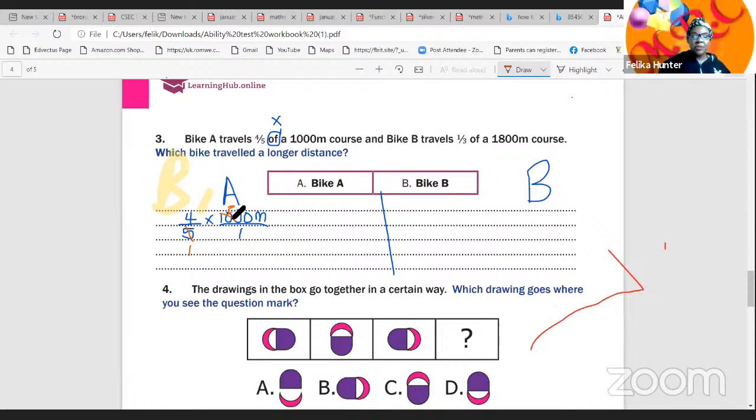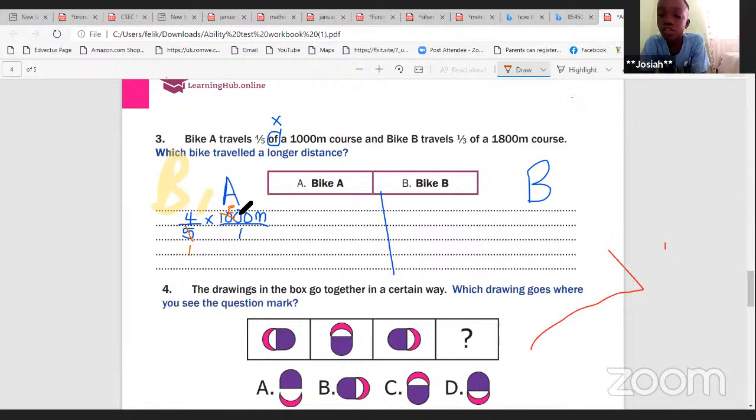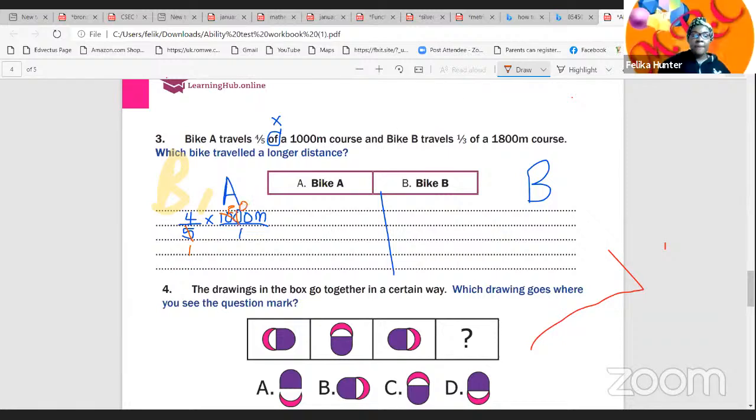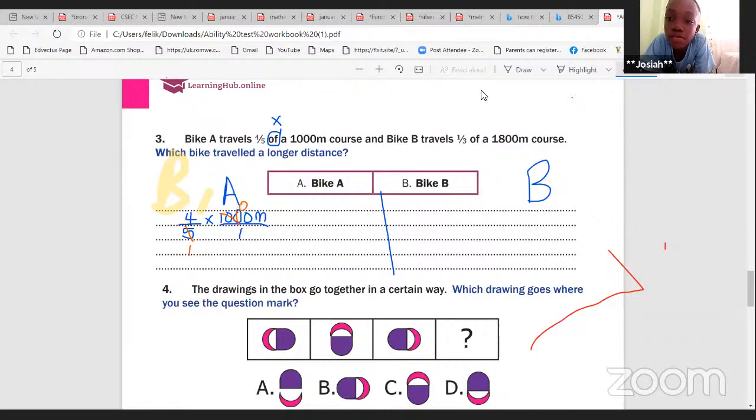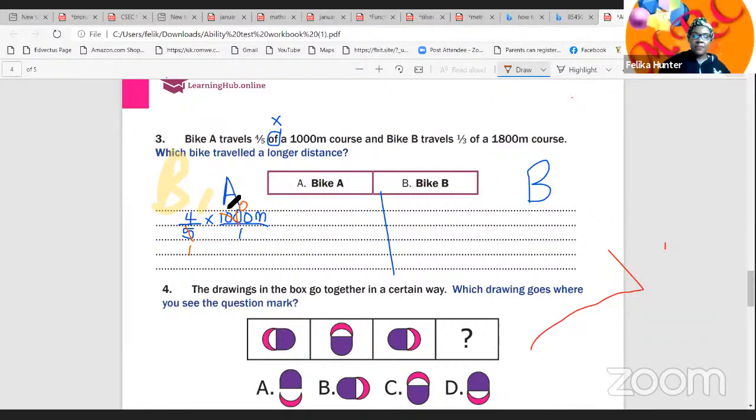So I don't want to hear cross out. I want you to be saying 5 into 10, 2. Then 5 into which digit comes next? 0. 5 into 0, 0. Good job. Which digit comes next? 0. 5 into 0, 0. Awesome.